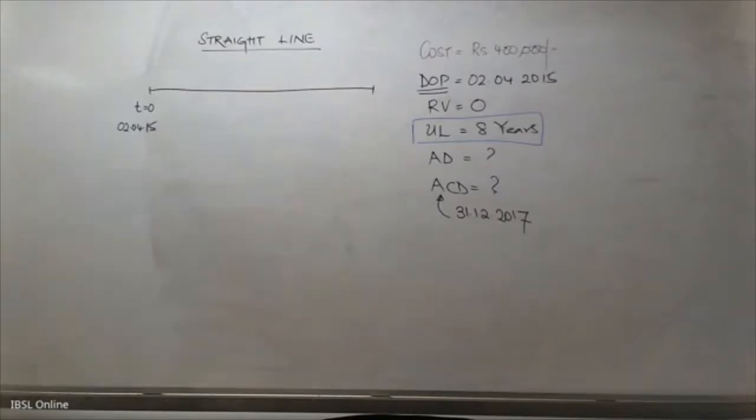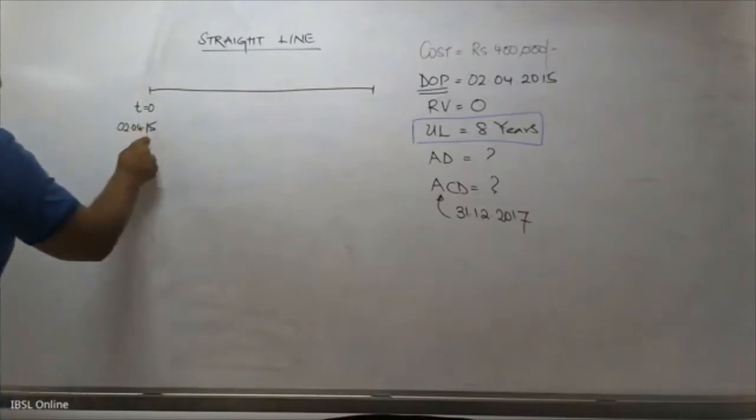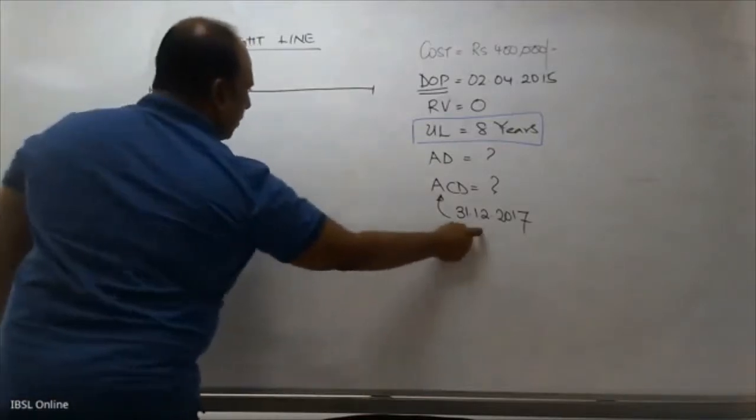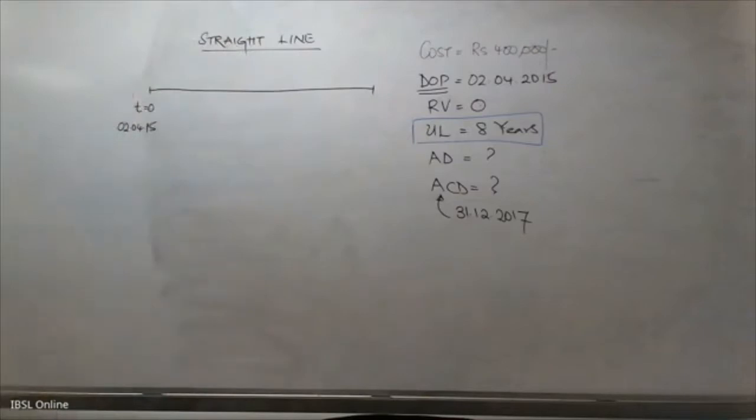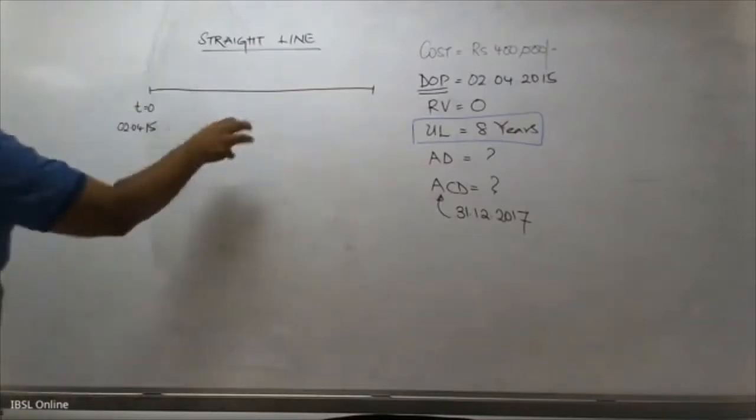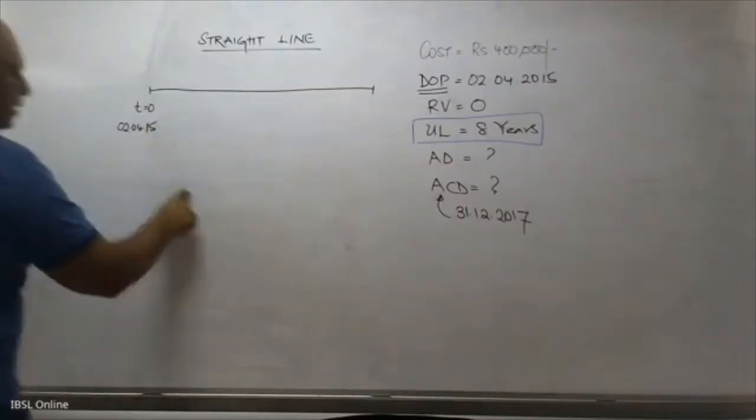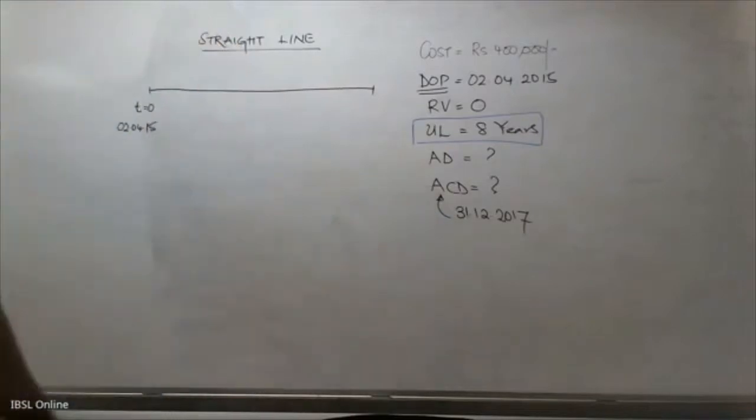The asset was purchased in 2015, but we are talking about depreciation in the year 2017, which is known as the accumulated depreciation. What this means is how much depreciation you would have provided on this particular asset from this date to this date.